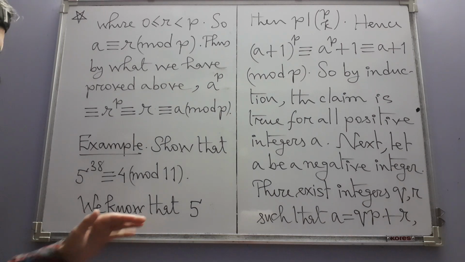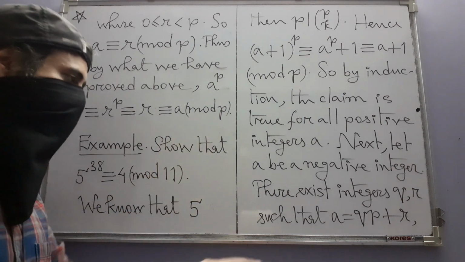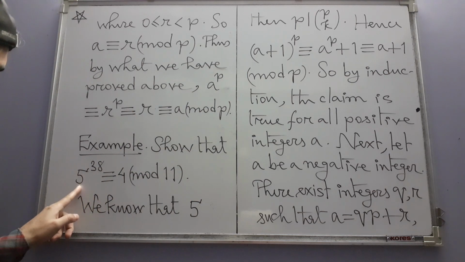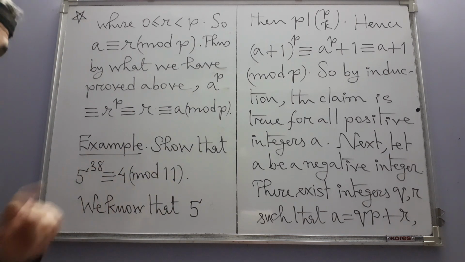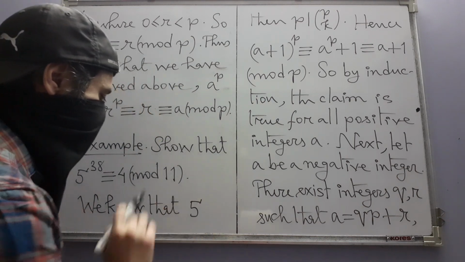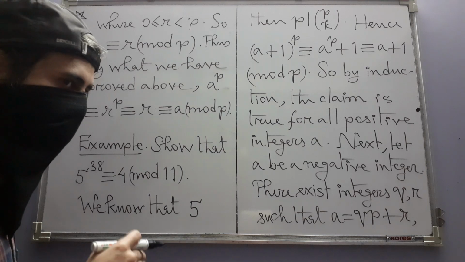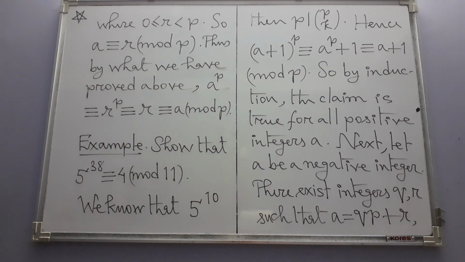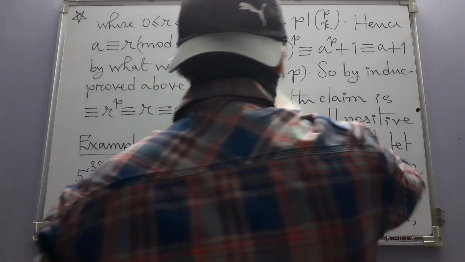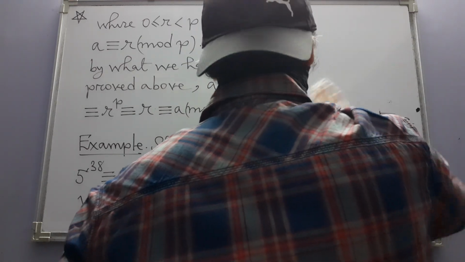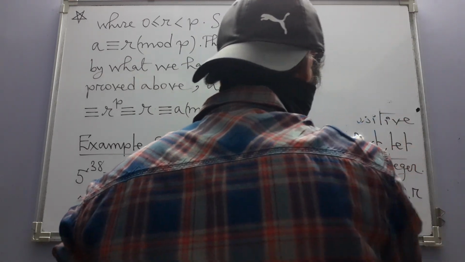So we are in a position to use, actually not the corollary, but Fermat's little theorem itself. That's because 11 does not divide 5. So that condition is there. And that's why 5 to the power p minus 1, that means 11 minus 1, 10, is congruent to 1 modulo 11.